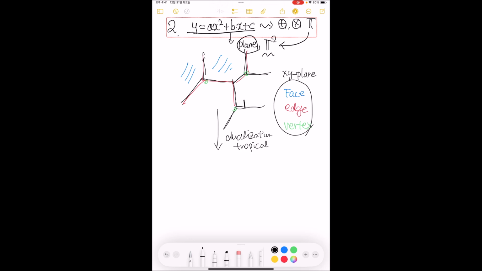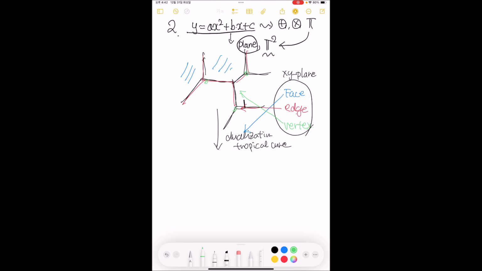If we know the Poincare duality, when we consider a dual image of the curve, a polyhedron, the number of faces becomes the number of vertices, the number of edges is still the same, and the number of vertices is flipped with the number of faces. That is Poincare duality.